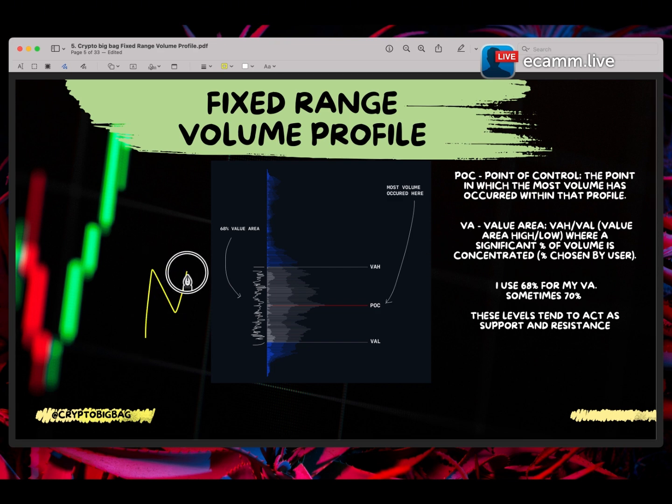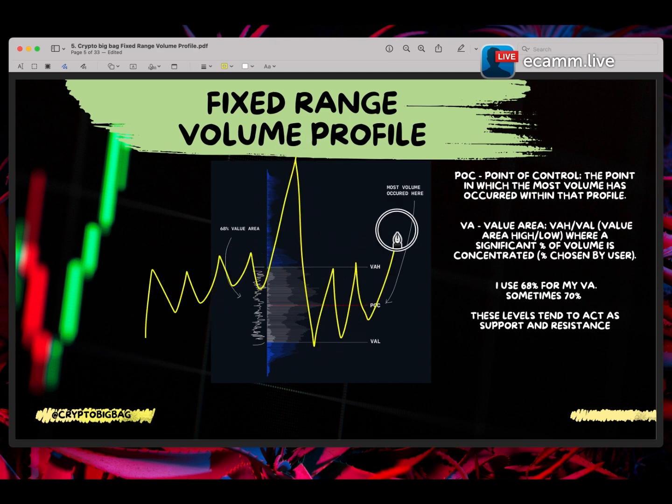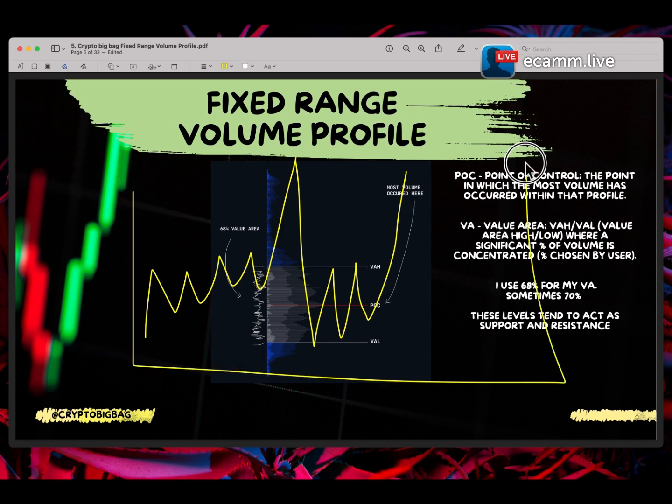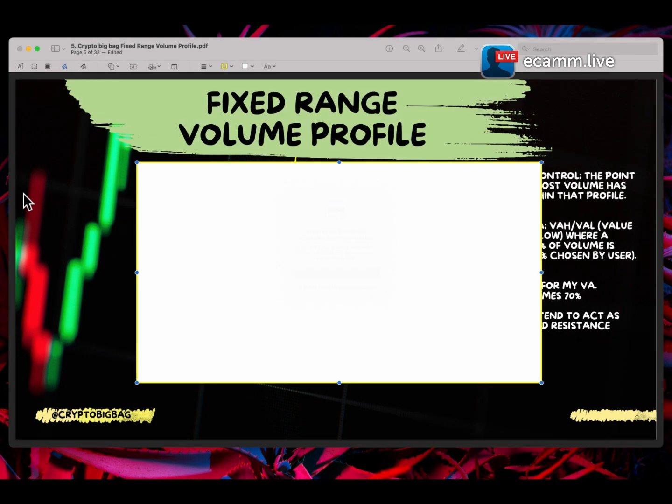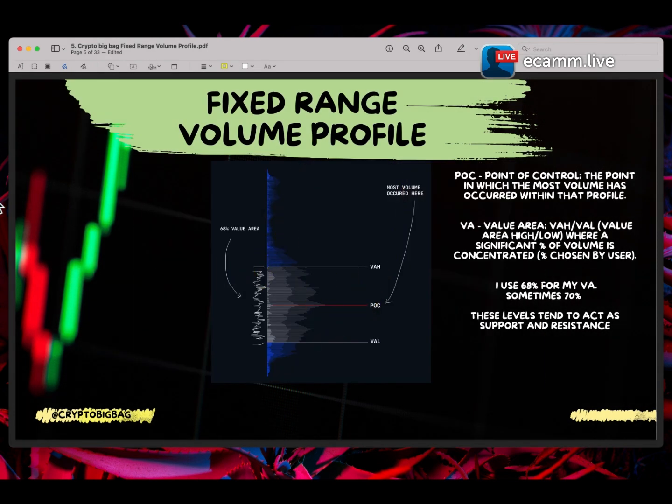Let's say the price is going up, right? And the price is like this. And you're trying to measure the volume that occurred within the range, because that's what the fixed range volume profile does. It's going to calculate all of the transactions that happen within a specific range or within an anchored range.